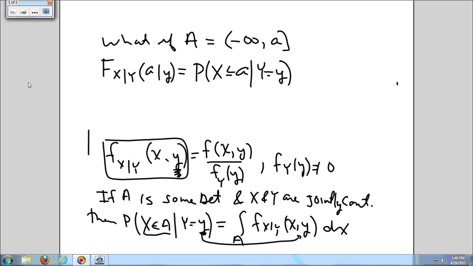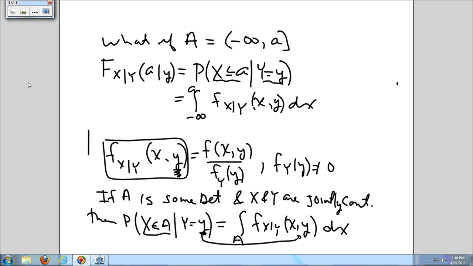So we have that. But now, what is this? Well, this is the integral, since x is less than or equal to a, the integral from negative infinity to a, y is held constant, of f sub x given y of x comma y, but x is changing, y is not, hence dx.